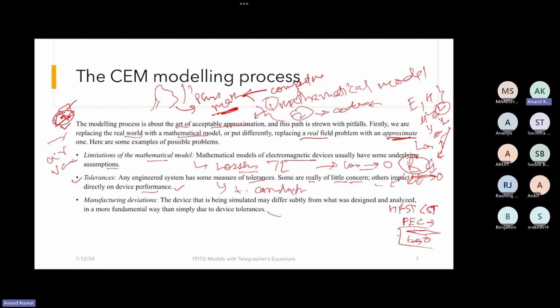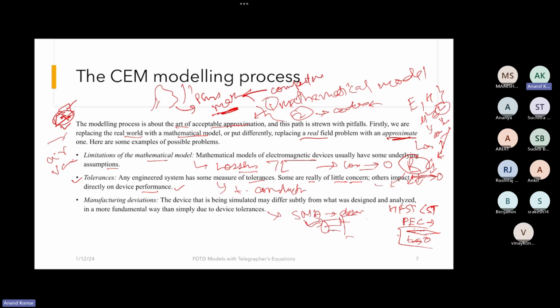And manufacturing deviations is, for example, if you are using an SMA port with your device, we usually tend to just use a coax feed directly with the antenna structure and not use an SMA. So when we incorporate an SMA into the device, there could be some gaps between the connections, which could lead to some capacitance values.